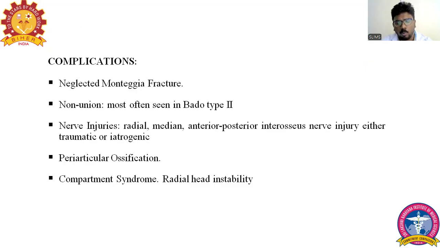Other common fractures around the elbow include the terrible triad of the elbow, which is a posterior dislocation of the elbow along with a coronoid process fracture and a radial head fracture. For radial head and radial neck fractures in Monteggia variants, we go with a replacement of the radial head if it is not amenable to fixation.